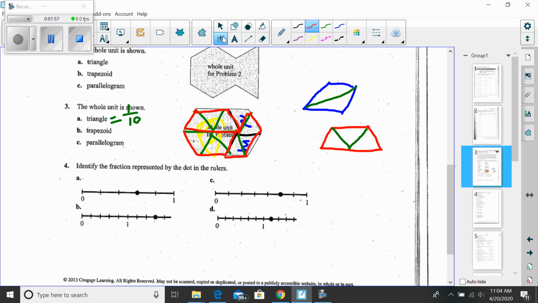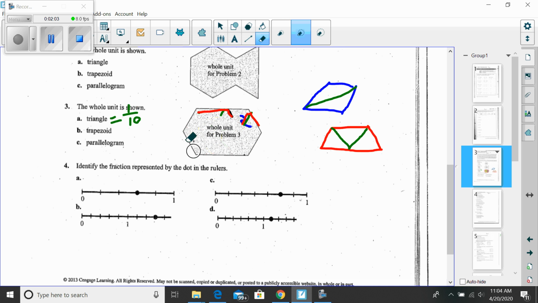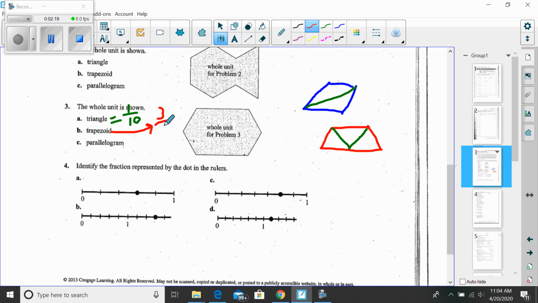But then what I can do is consider the value of the trapezoid relative to the value of the triangle. So I could say, well, it takes 3 triangles to make up a trapezoid. So that means that the trapezoid is 3 times the value of a triangle. If a triangle is 1/10, then there would be 3 of those tenths making that up.